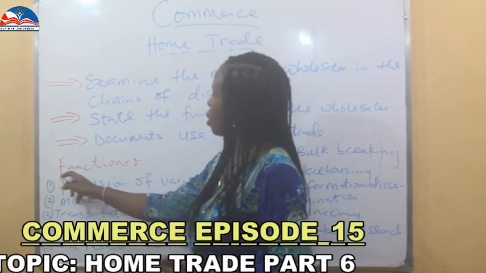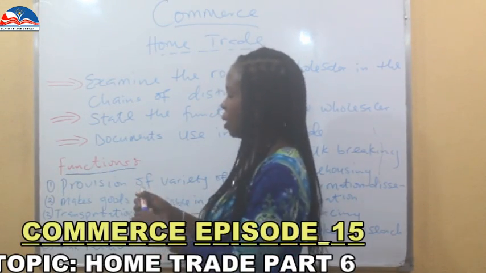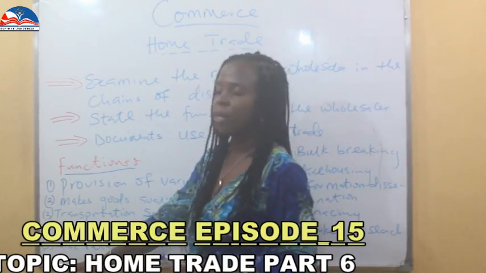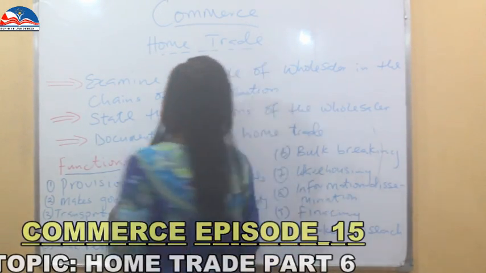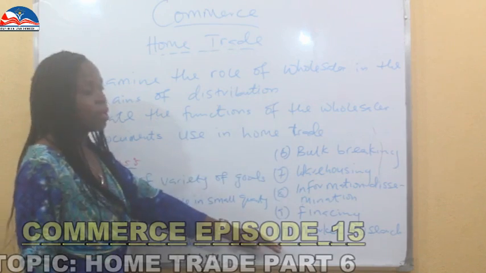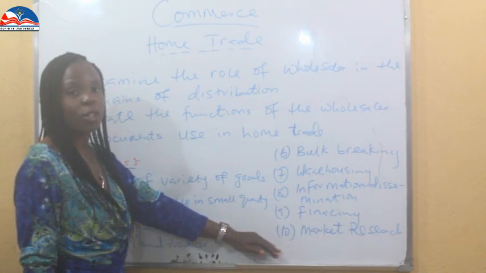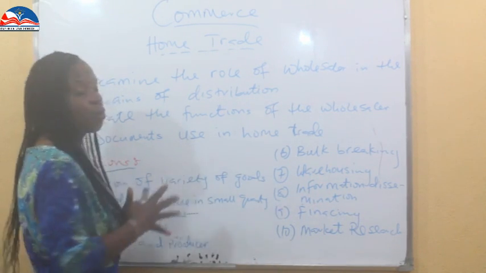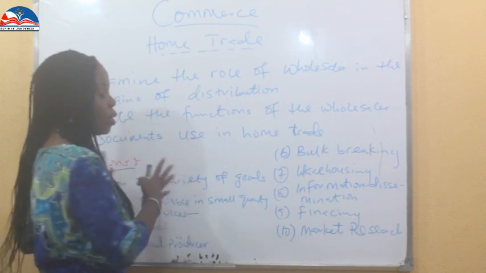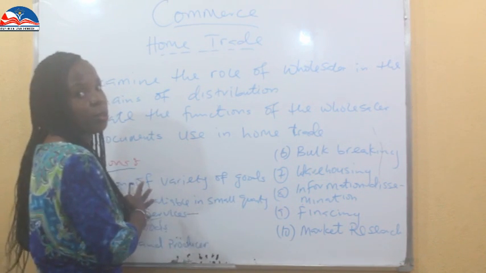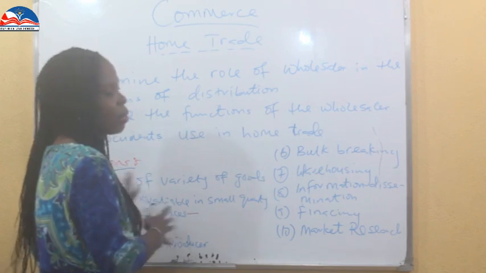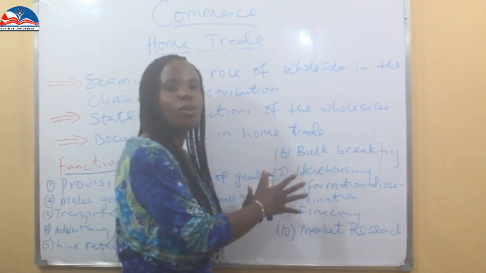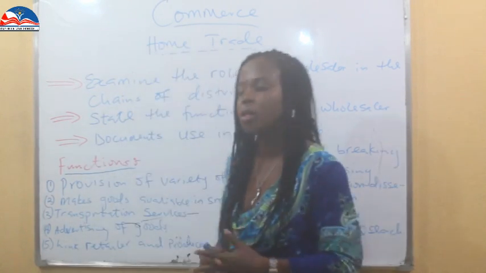Here is the second objective, functions of the wholesaler. These 5 are what he does for retailers, and this other 5 is what he does for manufacturers. So I'm going to take both functions as one. This is the function he carries out for retailers, and this is the function he carries out for producers or manufacturers.